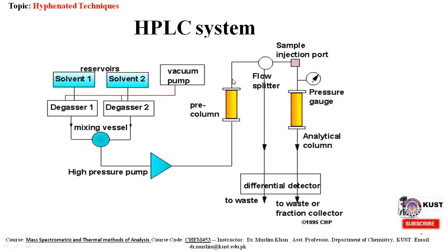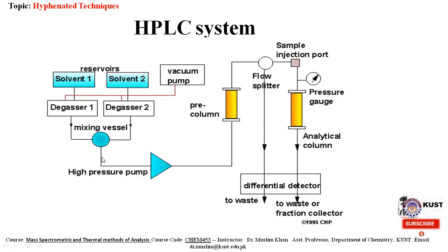But in an HPLC system, most of the time people are using a pre-column so that the unwanted things are guarded by this column. That's why this column is also called a guard column. So a pre-column is fitted before the actual analytical column.